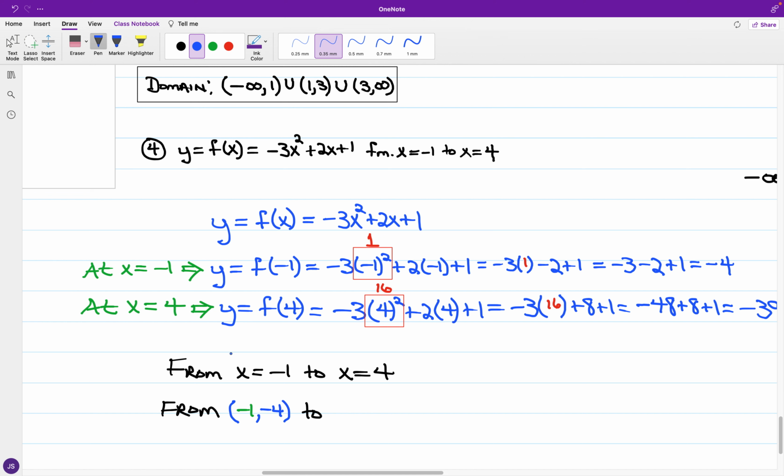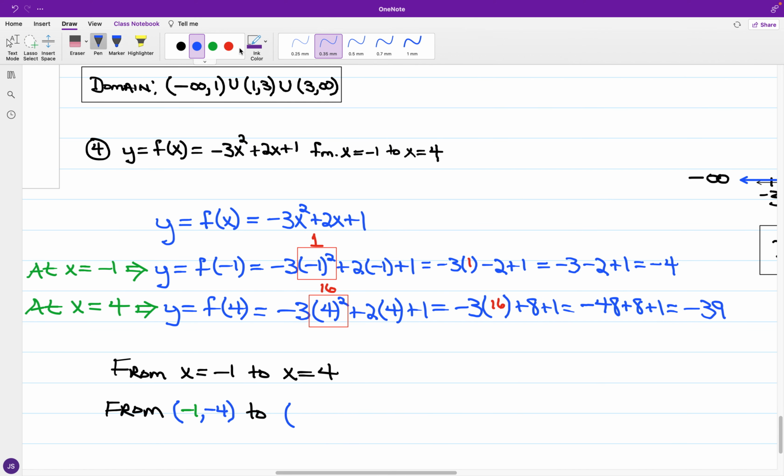Again, when x is at 4, the corresponding y value comes out to negative 39.